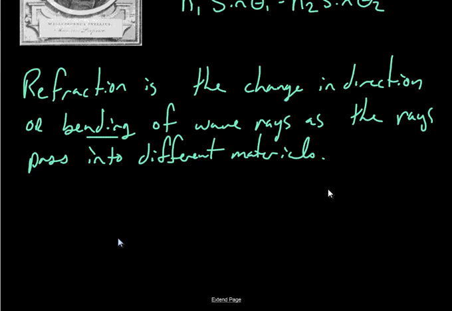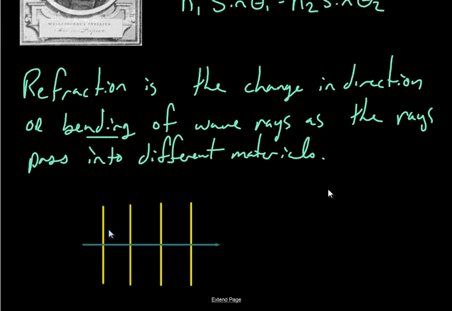So the example that we did live was we looked at water waves refracting. To draw that, let's draw some wave fronts here. If we have some incident waves that are coming towards a surface, what we did was we put an area where there was shallower water, if you remember doing that.